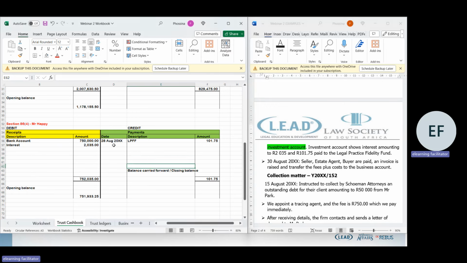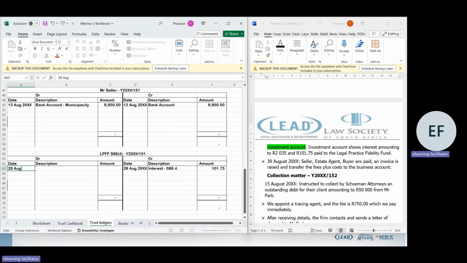Okay. And then we are told that the bank has already paid. So when we check our bank statement, you will find these transactions on there: 2035, 101.75. So it has already paid. And in our ledger, to complete the double entry for this particular transaction, we also record the payment.